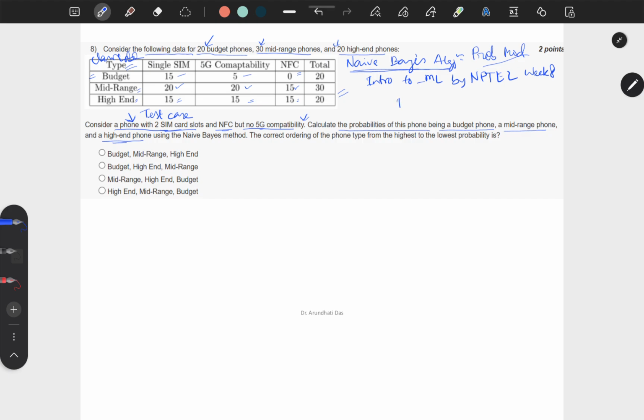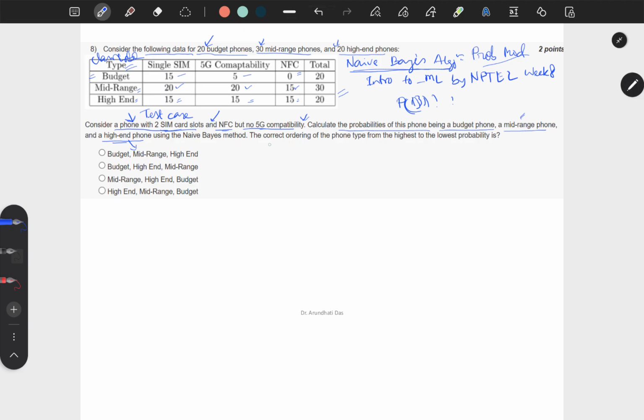By calculating the probability value of this phone being a budget phone, a mid-range phone, or a high-end phone. Whichever class has the highest probability value, the test case belongs to that class level.